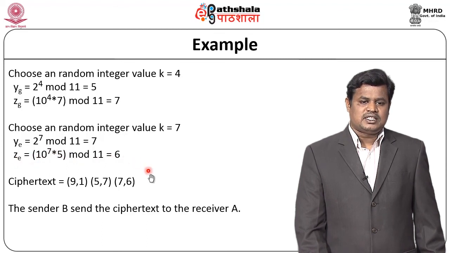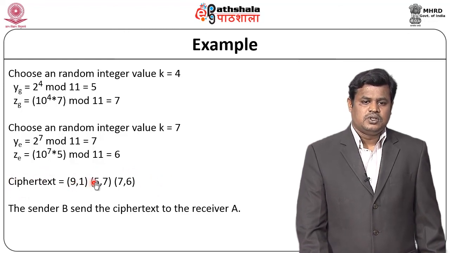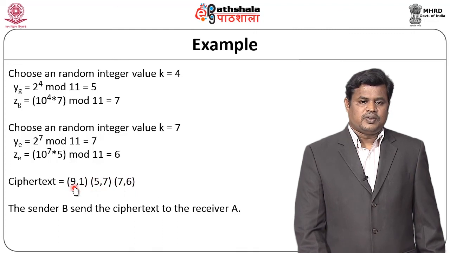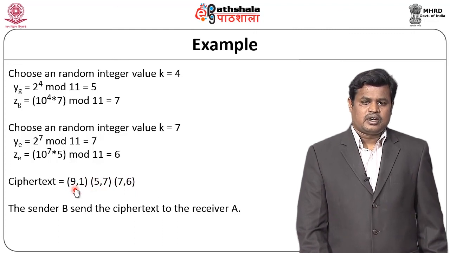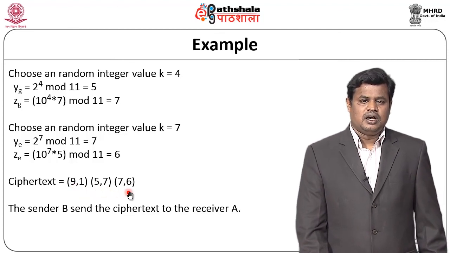Now Alice is ready with 3 sets of ciphertexts: C1 C2, C1 C2, C1 C2. For the first letter A it is 9 comma 1, for the second letter G it is 5 comma 7, and for the third letter E it is 7 comma 6. Now she is going to send this information to Bob.